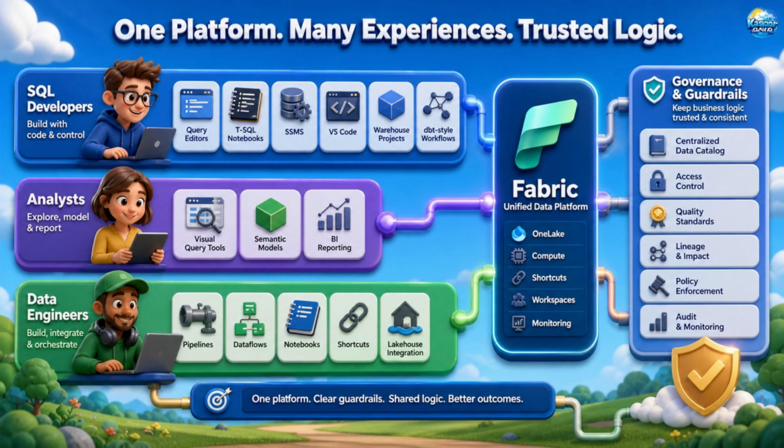Microsoft Fabric supports both professional developer workflows and self-service analytical experiences across different user groups. SQL developers and data engineers can work with SQL query editors, T-SQL notebooks, SQL Server Management Studio, Visual Studio Code, warehouse projects, source control integration, and dbt-style development patterns. Business analysts and citizen developers can use visual query experiences, Power BI semantic models, dashboards, and reporting tools to consume and analyze warehouse data.